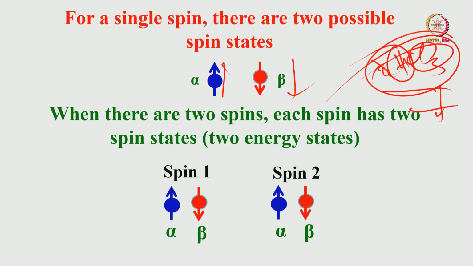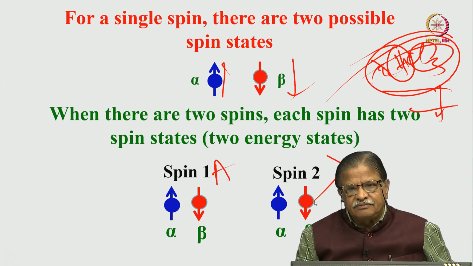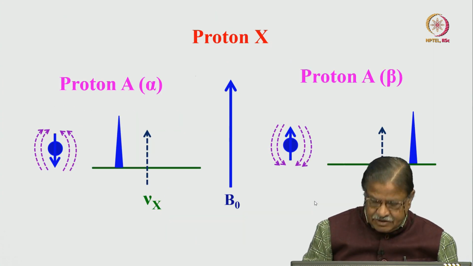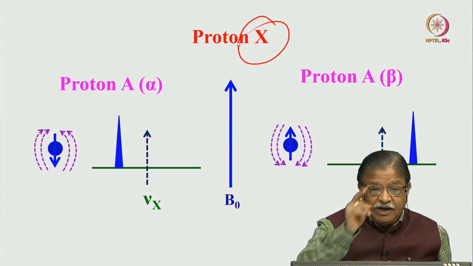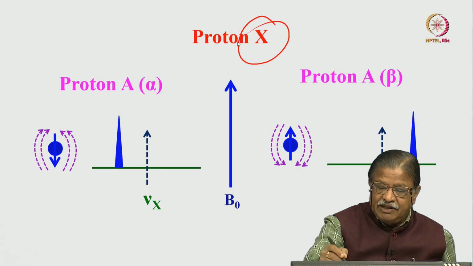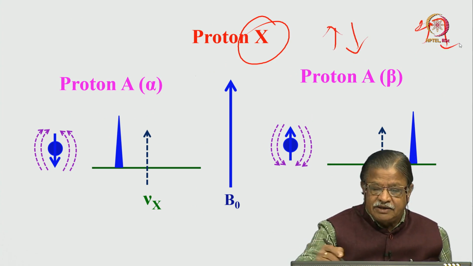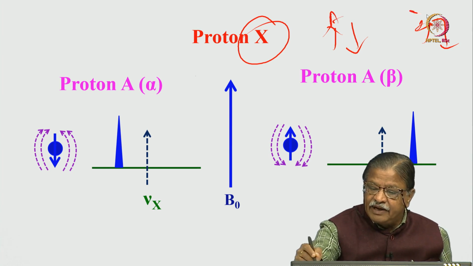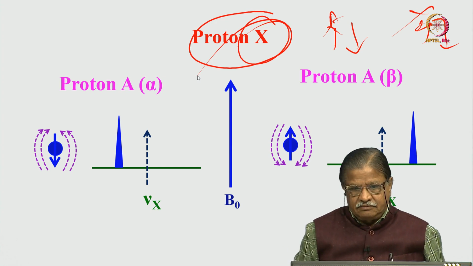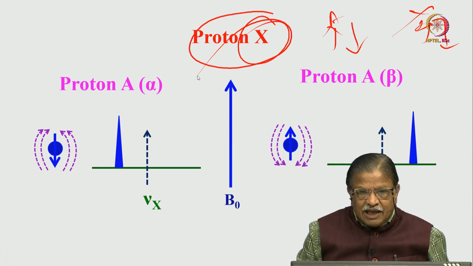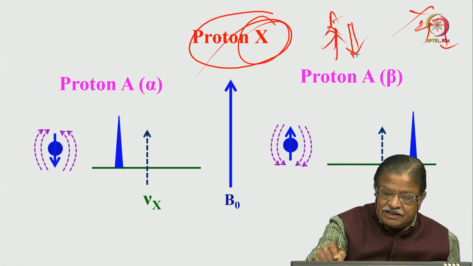Now we will consider proton 1 and 2, which I call spin A and spin X. Let us consider proton X. There are only 2 protons we are considering, and each of them has 2 orientations, alpha and beta. Let us say this is for A, this is for X. Now I am considering proton X. This proton X can see proton A either in this state or in this state.